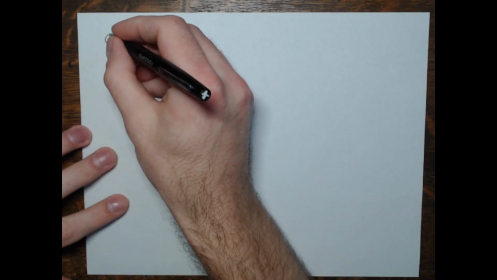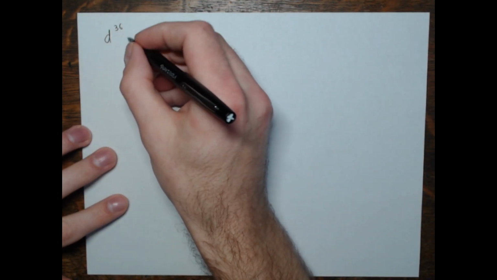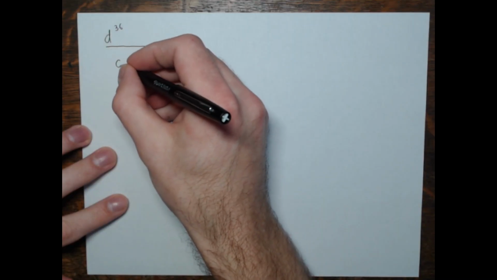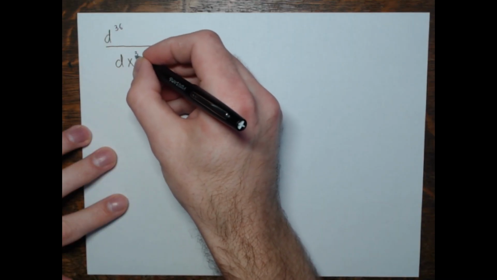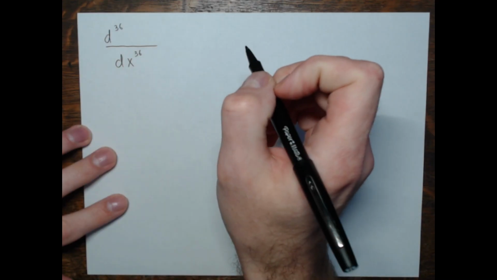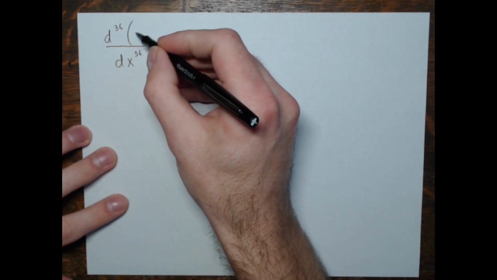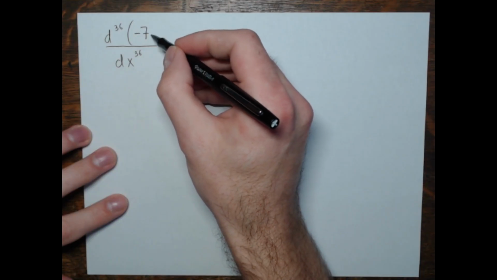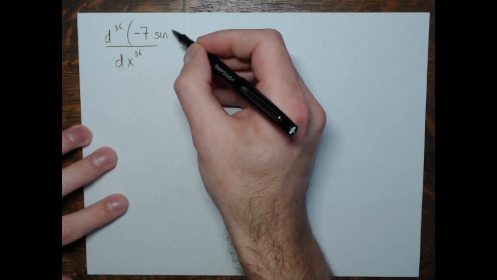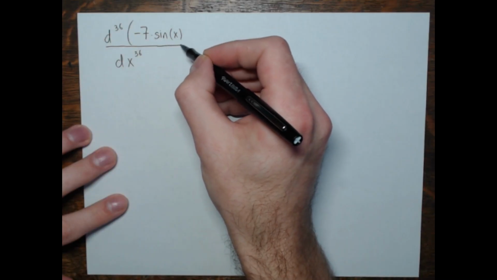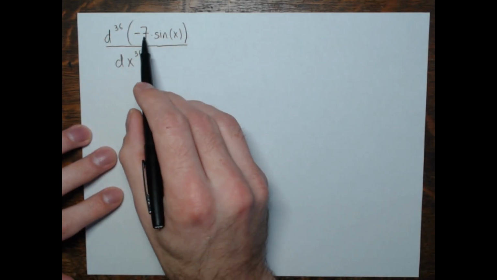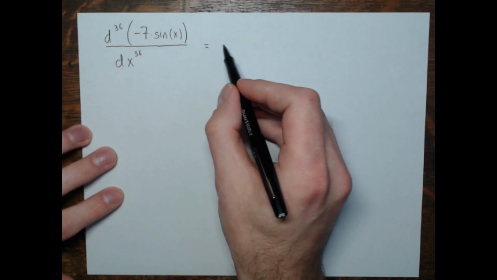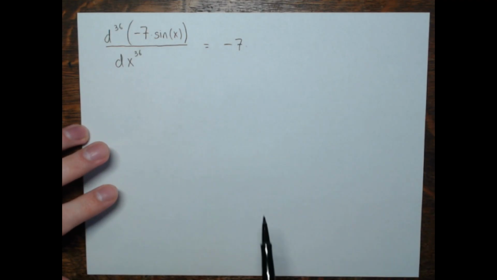So I'll pull that out and keep it there. So this is the 36th derivative, d^36 over dx^36 of -7 times the sine of x. Again, the constant multiple rule, that -7 is going to stick around.